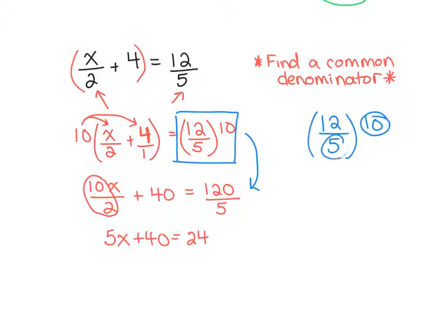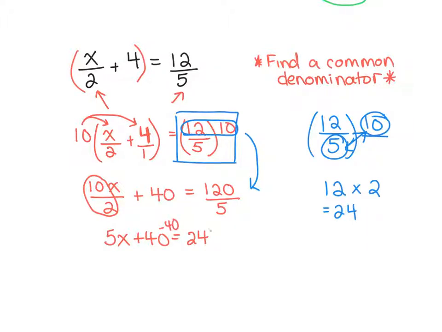So I can divide these two numbers first, and this is going to end up being 12 times 2 instead, which is 24. So instead of multiplying these two numbers and then dividing by 5, I can also simplify things between these numbers, just as another solution type. Okay, so now we have 5x plus 40 equals 24.